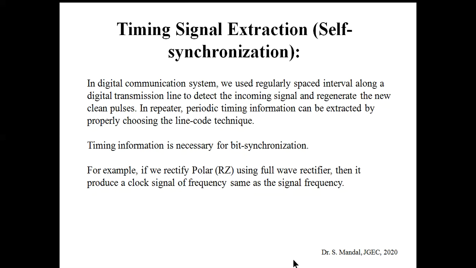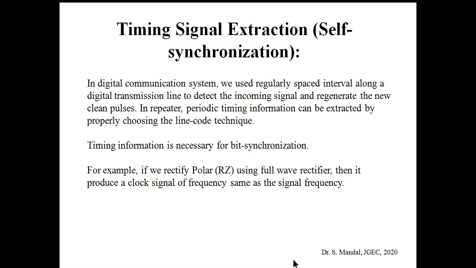Before that, just for our own interest, we may conclude that timing signal extraction is an important property for line coding techniques. Here we emphasize self synchronization. That means we want to extract the timing signal from the line coding technique itself.